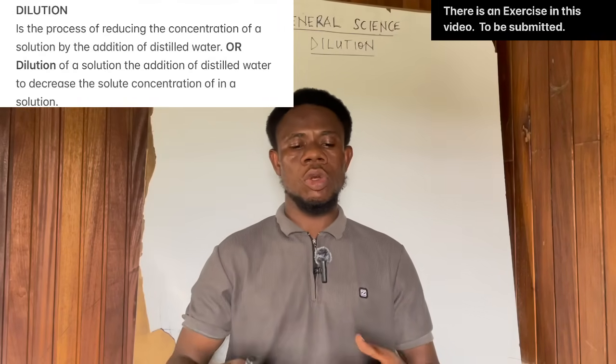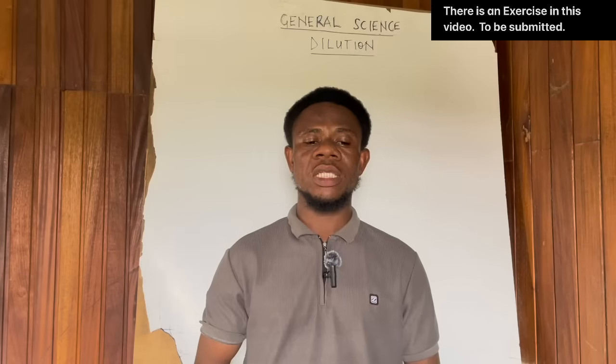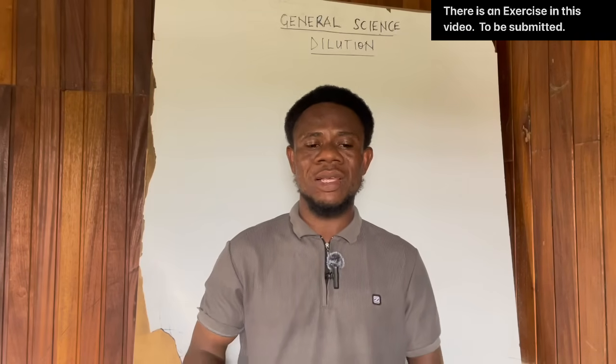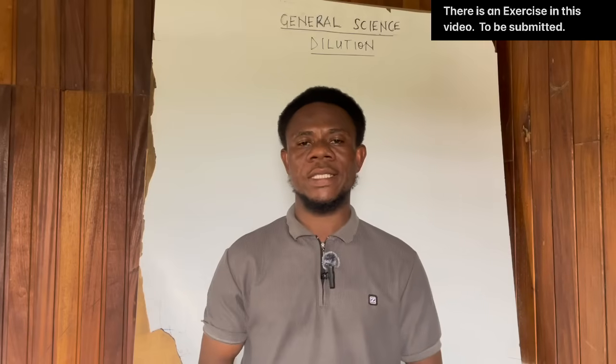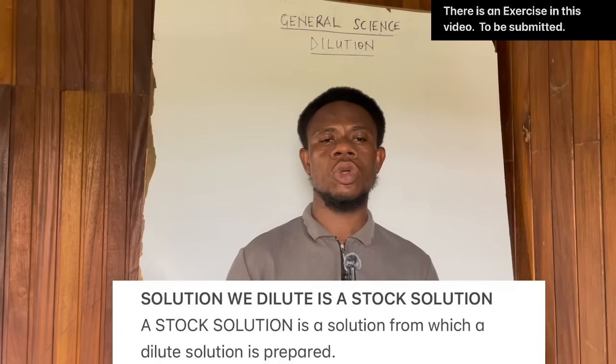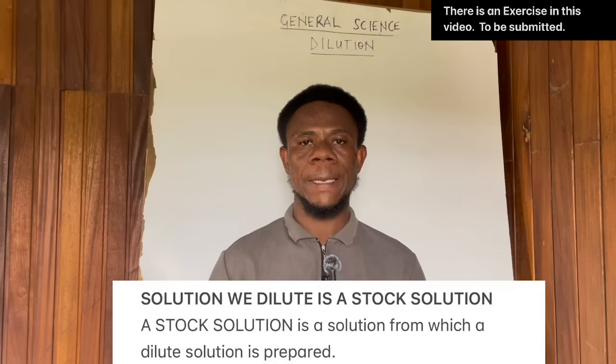The solution we dilute is a stock solution. This means before you can dilute a solution, you will need a stock solution. What is a stock solution? A stock solution is a solution from which a dilute solution is prepared.